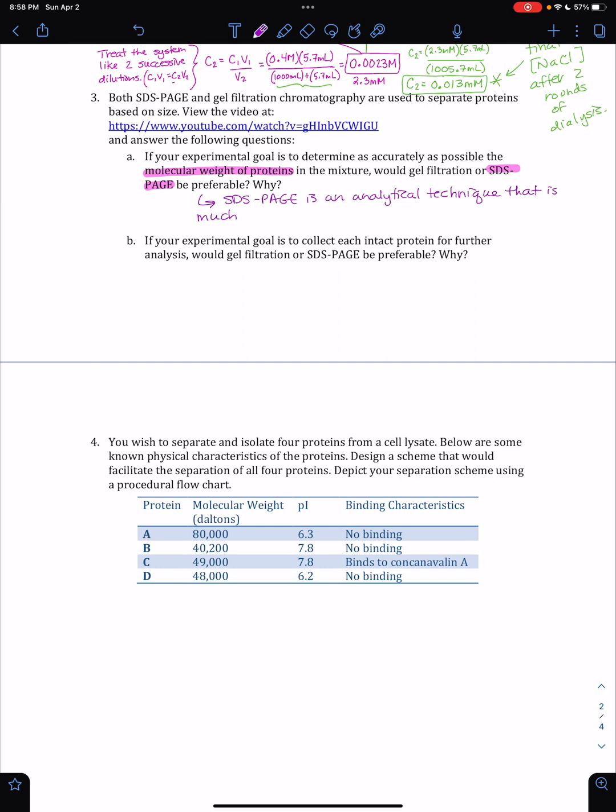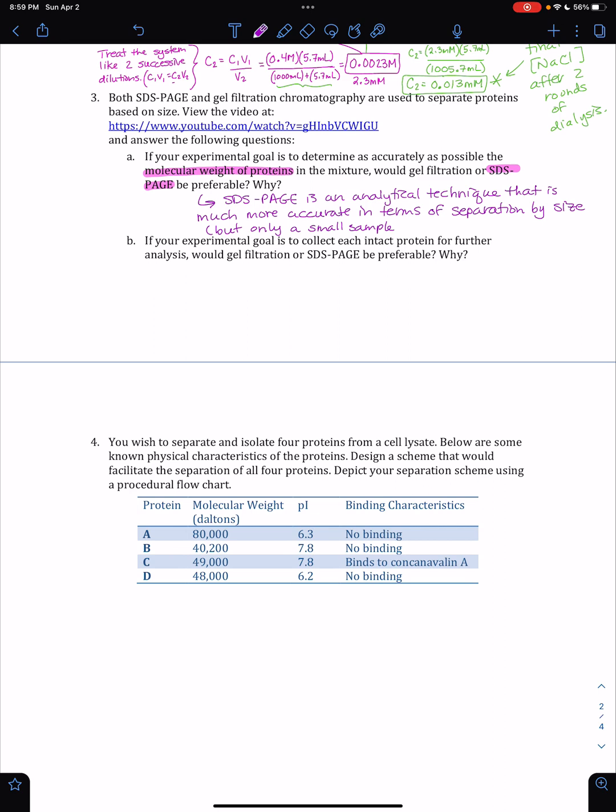So it's an analytical technique that's much more accurate in terms of separation by size, but I'm going to put in parentheses here, only a small sample of your protein will be used, and you can't really recover it.